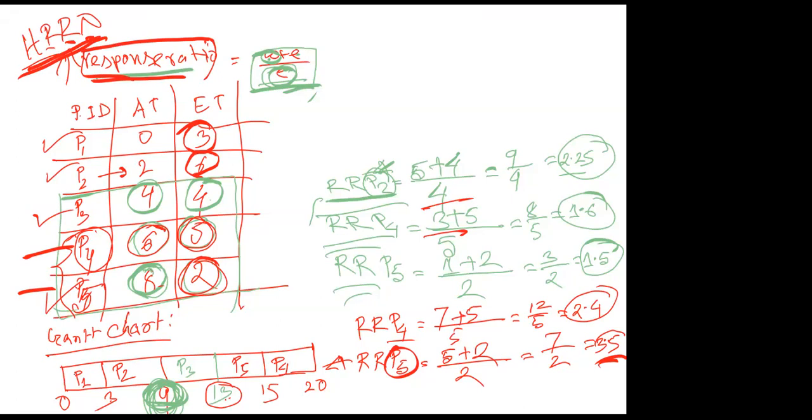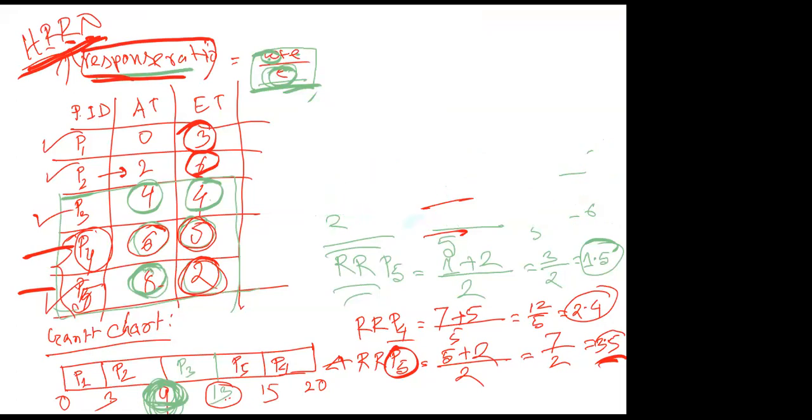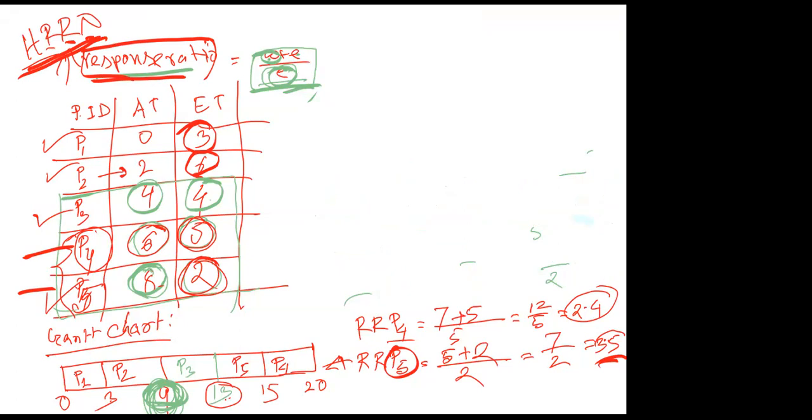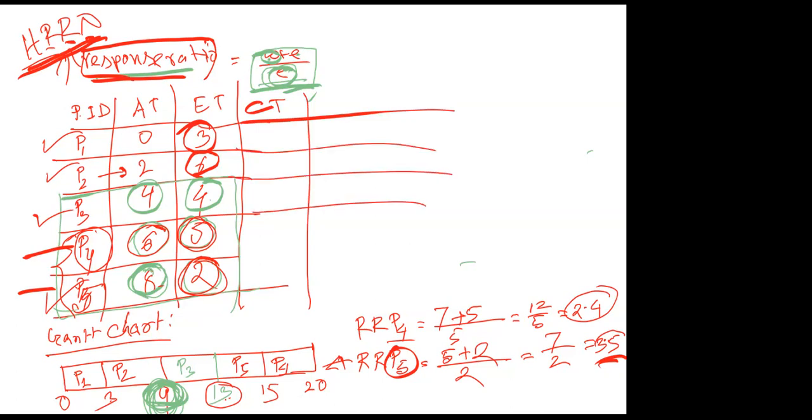Next, this is easy. You may calculate the completion time as well as the turnaround time. Let's check CT and TAT, the completion time and turnaround time for HRRN.